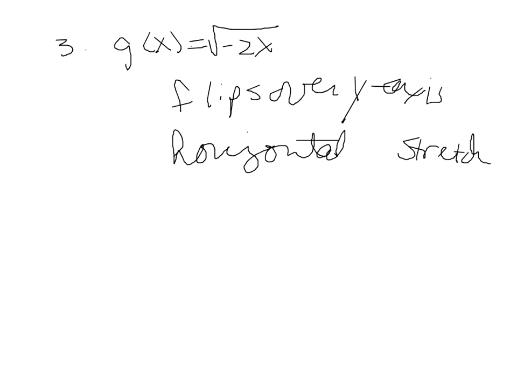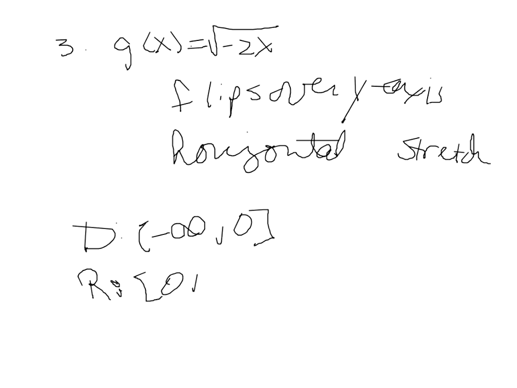I'm doing stuff along the x-axis, so my domain is going to change from 0 to infinity to minus infinity to 0. The minus does the flipping and the 2 stretches it, but since it goes to infinity, I can't actually tell any difference. The range stays the same, which is 0 to infinity.